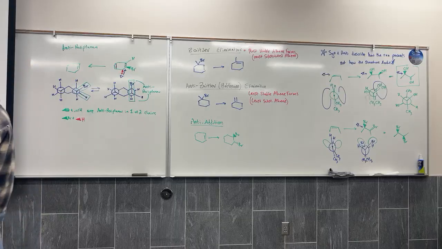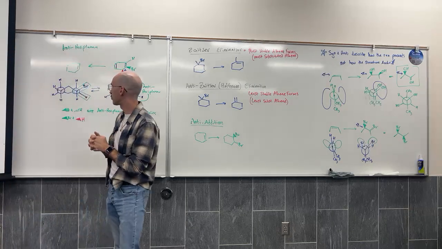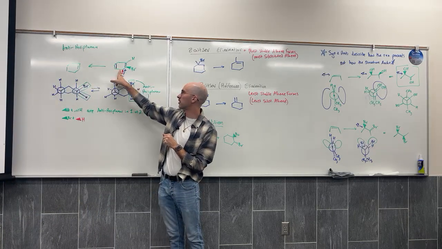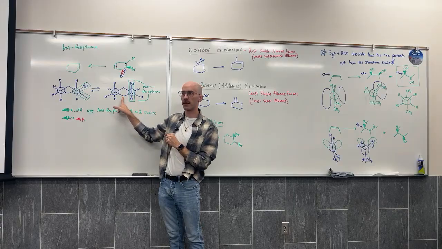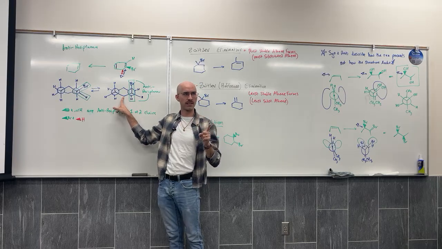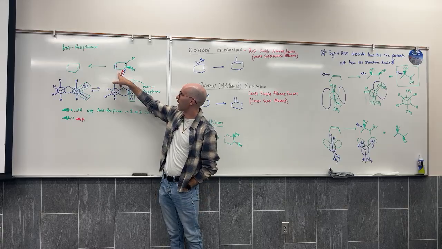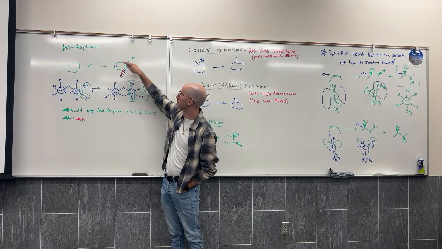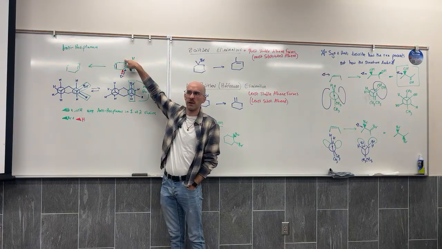Well, I guess it depends. Well, you would be looking down a different carbon, so then the projection would be different. Okay, let me give you a hint with that one. It is true that this hydrogen shows up in this weird spot of the Newman projection that we're using. But can you tell me what is the difference between saying the wedged hydrogen to the left versus the wedged hydrogen to the right?